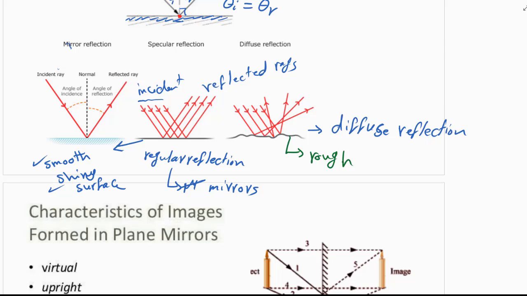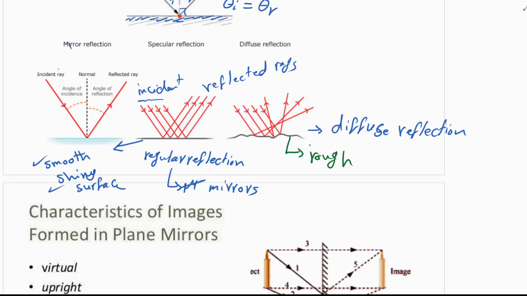Maybe it's rough on a microscopic scale. For example, the sheet of paper in front of you now: maybe you think it's smooth, but it's not. On a microscopic scale, it's a rough surface.